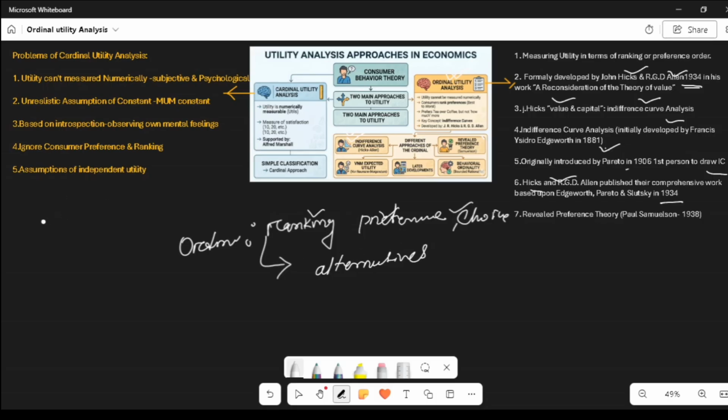We are not talking about the measurement.